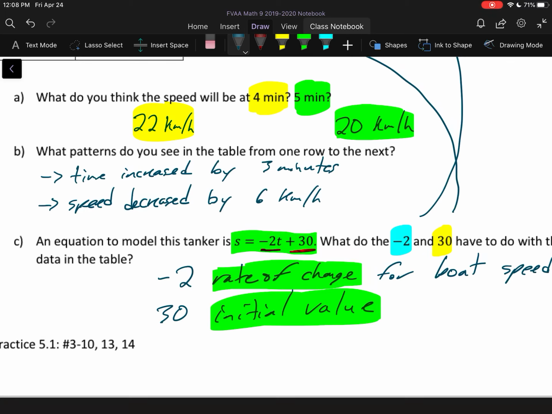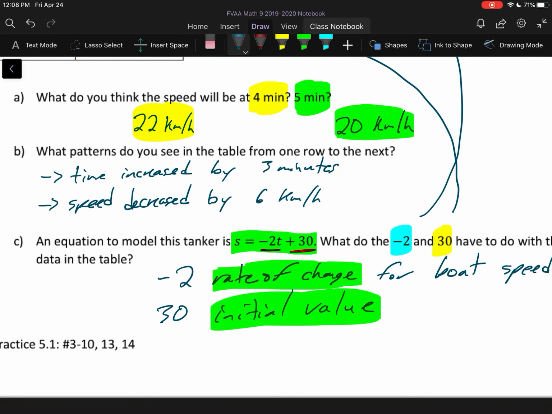Okay, what do you think the S stands for in this equation? Hopefully you're able to determine that S stands for the speed of the boat. And if that's the case, then what do you think T stands for? Yes, T stands for time. So you multiply the time by the rate of change of the speed.